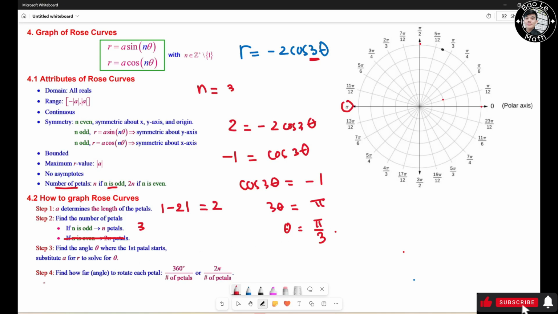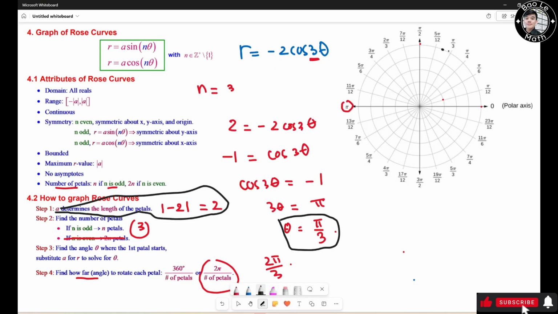Now we need to find how far the angles rotate each petal. So we have 2 pi divided by the number of petals. So it's going to be 2 pi divided by 3 petals. So the first petal starts at pi over 3, and we see that the radius is 2 only. And pi over 3, which is right here. And then 2 circles is going to be right here.